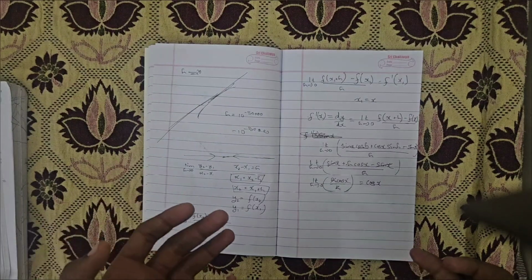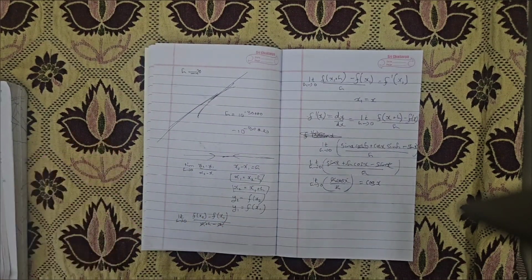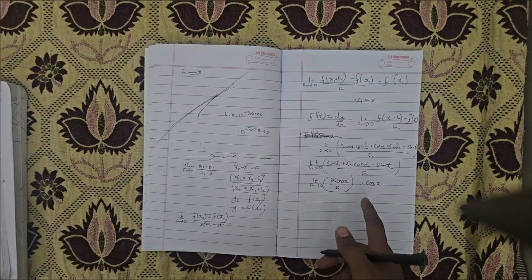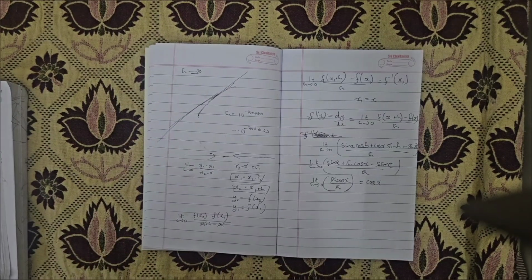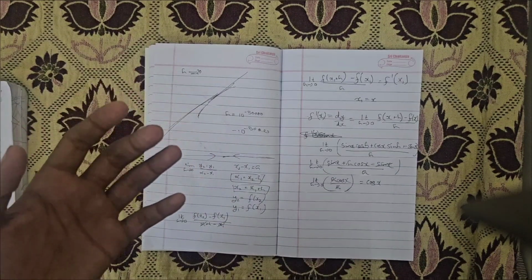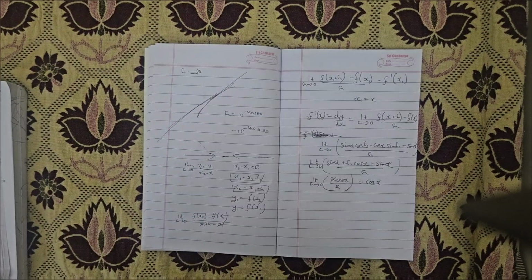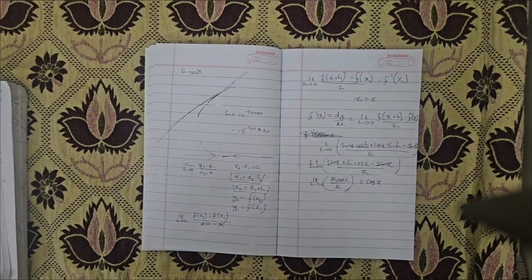And here's the thing, everyone just remembers this rule and doesn't know how to derive it, and this is the proof that the differentiation of sin x equals cos x, and you can do it for any function.